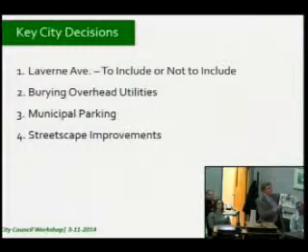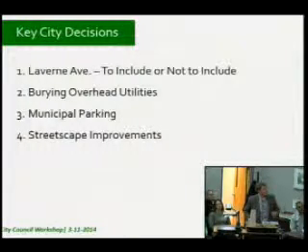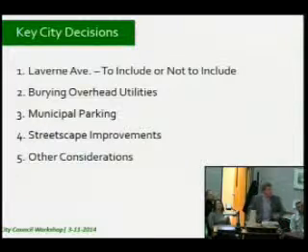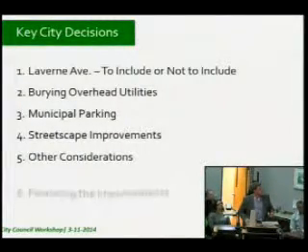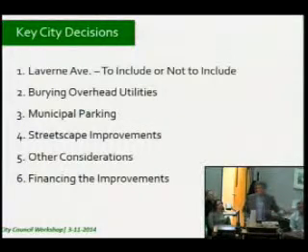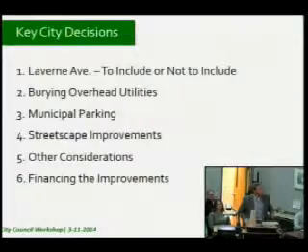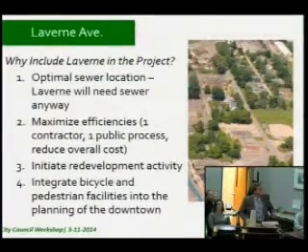So now that we have the vision established, we have the pretty picture, now it's really gearing down into the physical space of it, and figuring out where all these streetscape improvements are going to go. And then we do have a couple other considerations, railroad crossing, and then drainage, and then we'll talk about finance. That'll be the segue to Tammy financing the improvements.